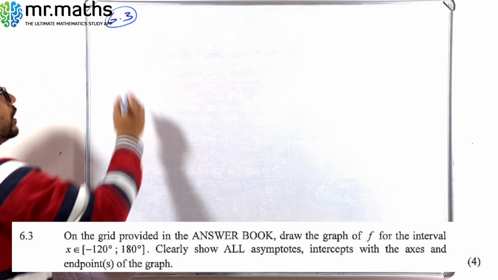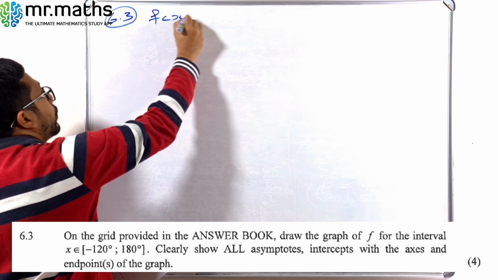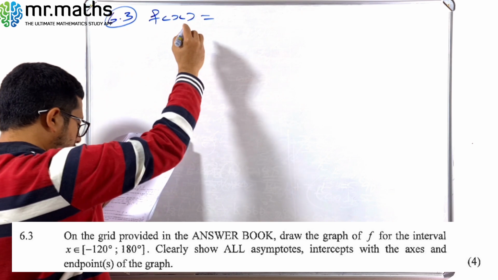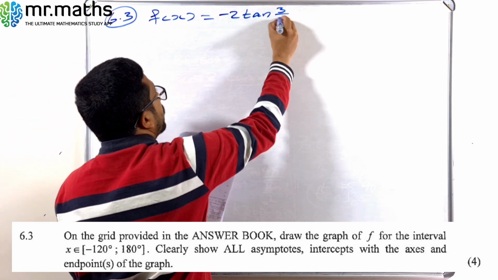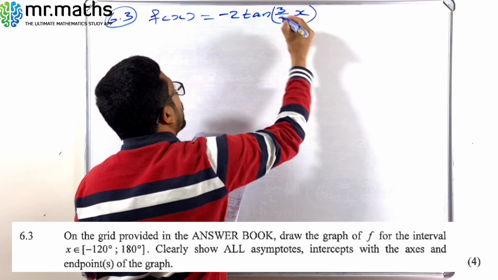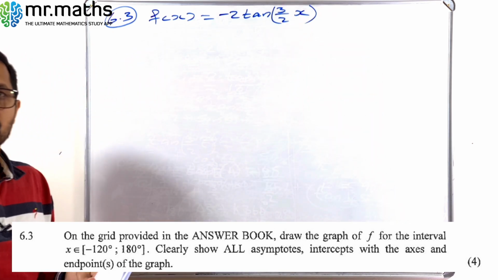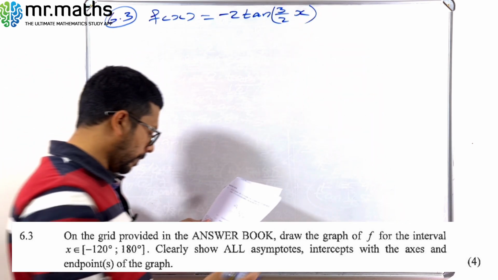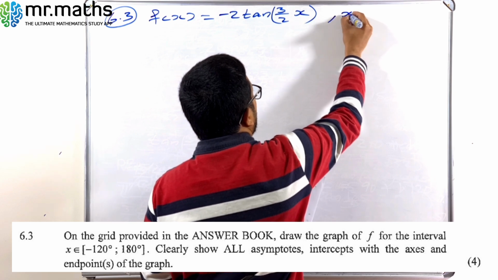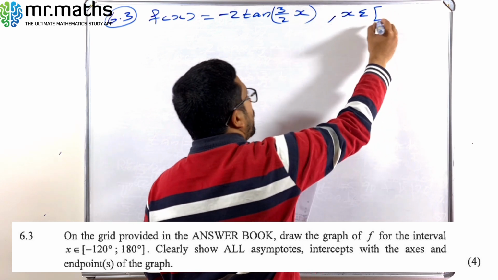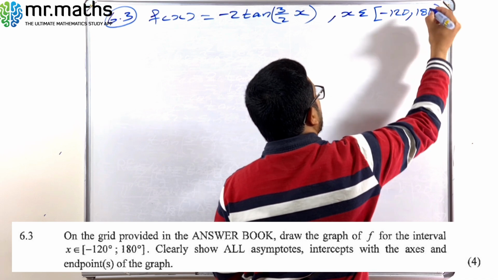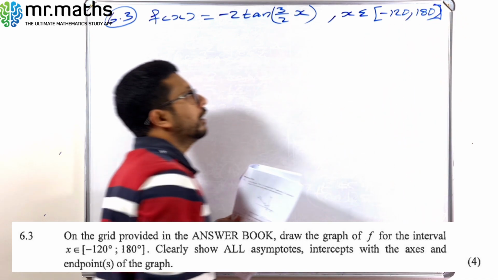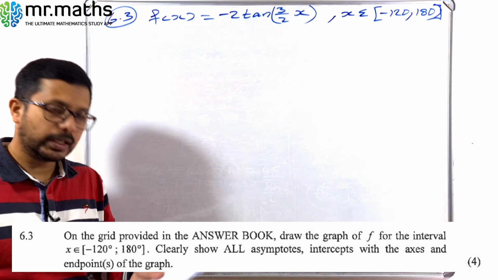Our equation f of x is minus 2 tan 3 over 2 x. You have to draw this graph over the domain x is an element of minus 120 to 180.